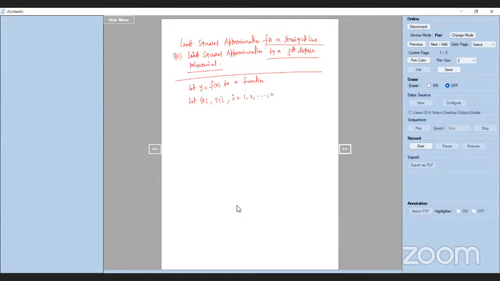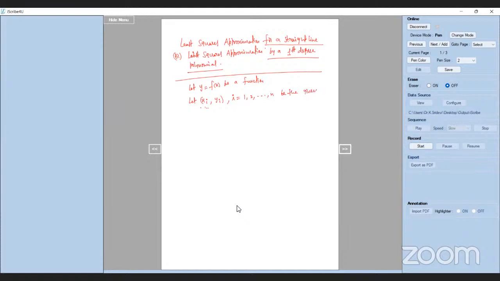Here I am not taking 0 for our convenience. So here x values are x1, x2, and so on, xn, n values. Here I am taking the x values from x1 to xn, and y values are from y1 to yn. So there are n values.